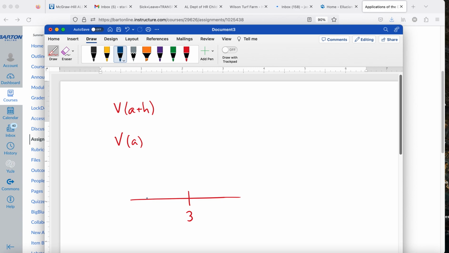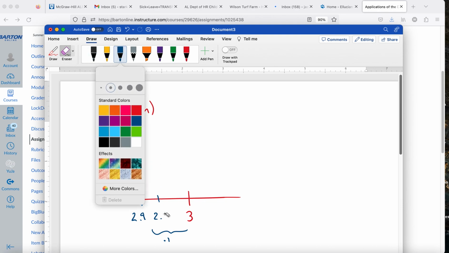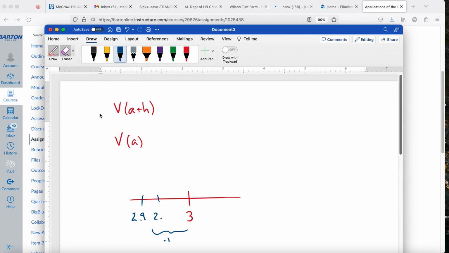So 2.9 would be right here, and in this case h would be negative 0.1. Then 2.99, and 2.999 would be even closer to 3.